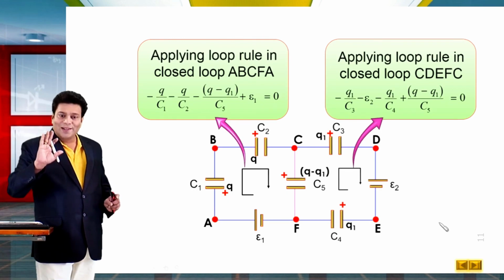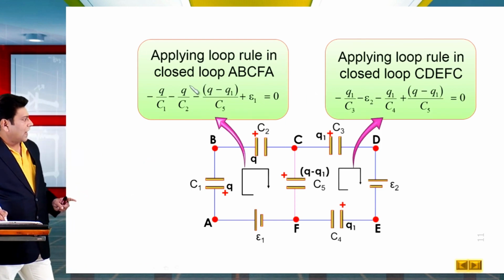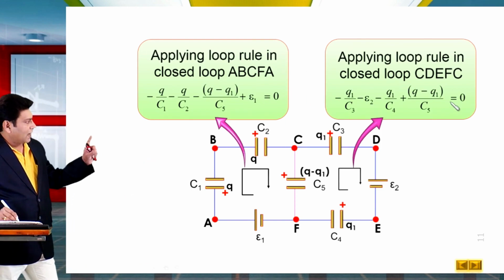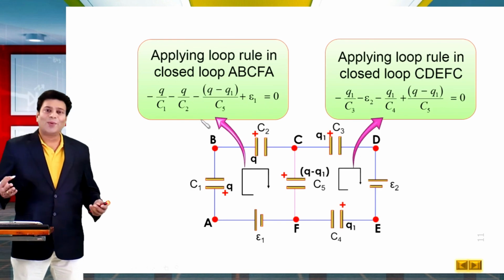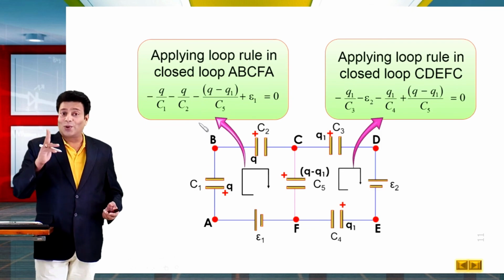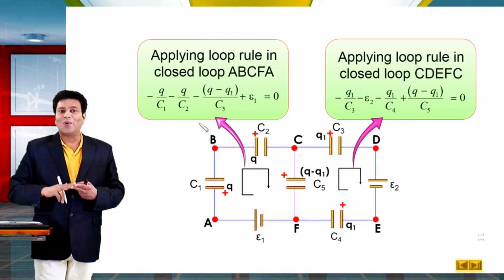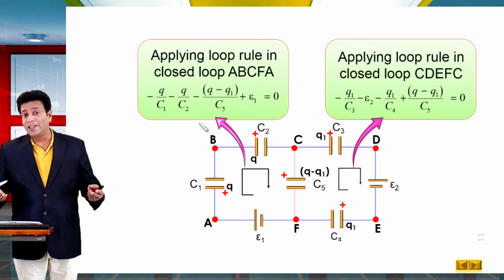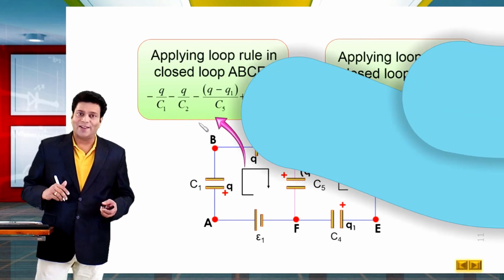Now, we got the two equations. This is equation number 1 and this is equation number 2, and we know there are two unknowns and we are having the two equations here. So, two equations, two unknowns, that means we can find the value of Q and Q1, get the desired result, that is charge on different capacitors in the circuit, correct?